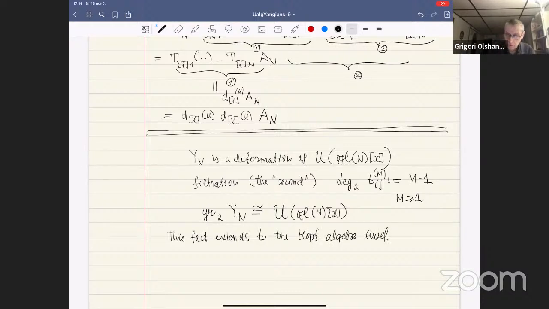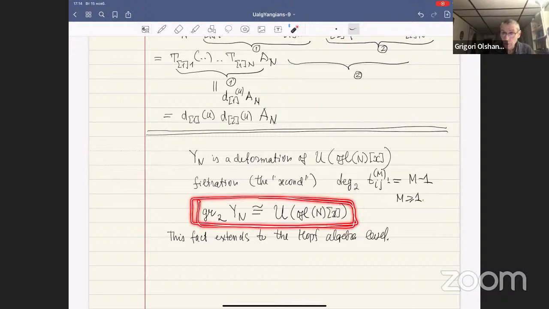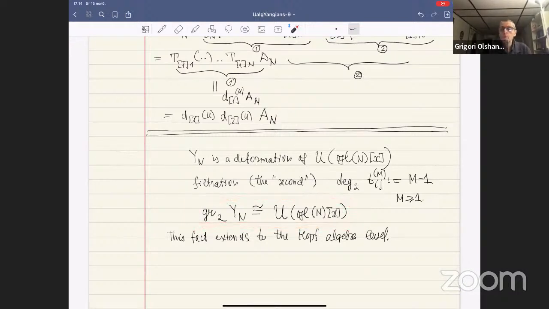This means that this isomorphism is also an isomorphism of Hopf algebras.